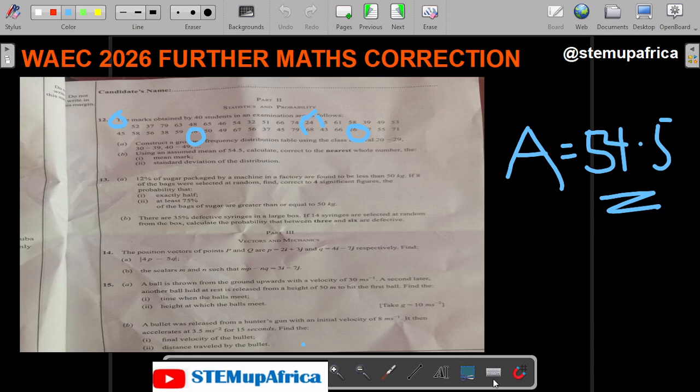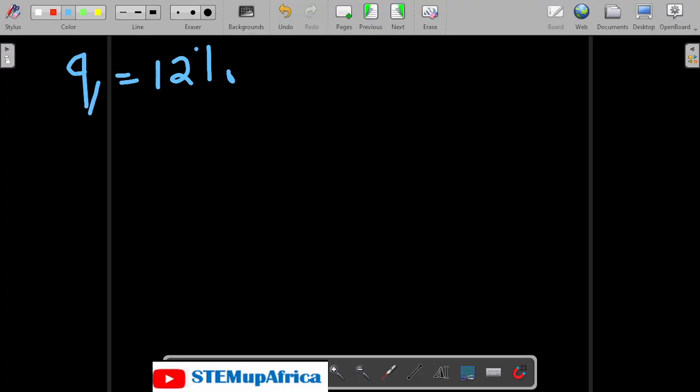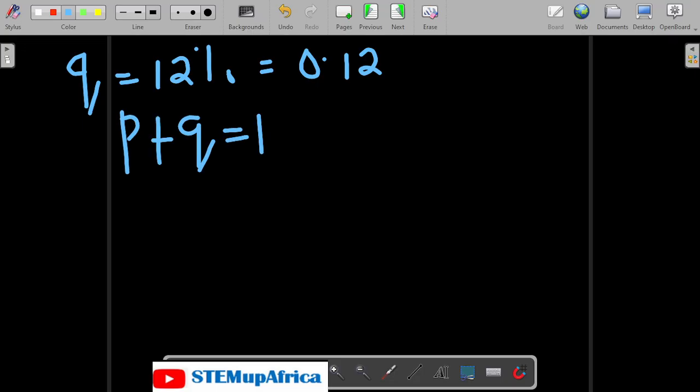So this is binomial probability. Q, if A to be 50% is 12%. 12% less than 50 kilograms, which is 0.12. We know that in binomial probability, success plus failure is equal to 1. So my success now, which is P, that is more than 50 kilograms, is 1 minus failure.